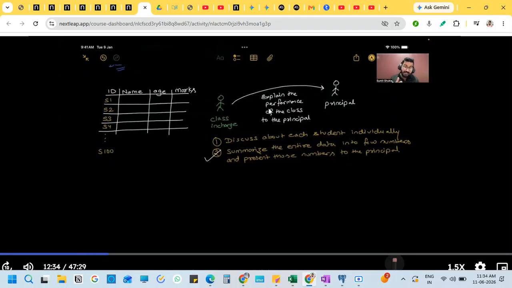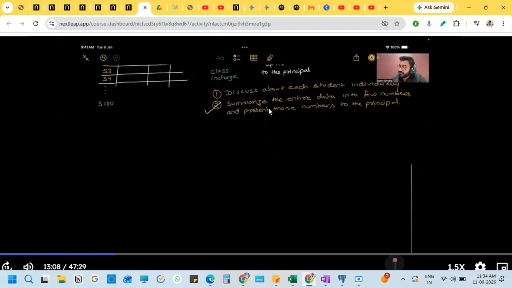Now, if we go with the second approach, since we are summarizing the information into a few numbers, and if I present these numbers to the principal, the principal will be able to understand the performance of the class without going into the depth of the data, without discussing each row.